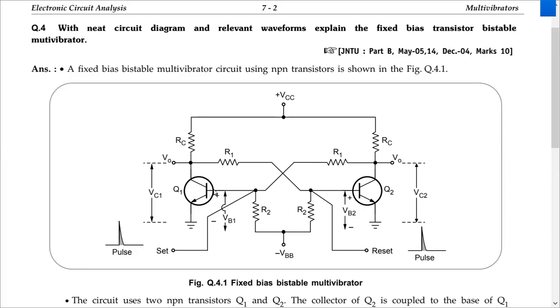Now this particular low voltage will push Q1 towards off, isn't it? This is NPN, so on the base, the P side, we are having a low voltage, and that will push Q1 towards the off position.